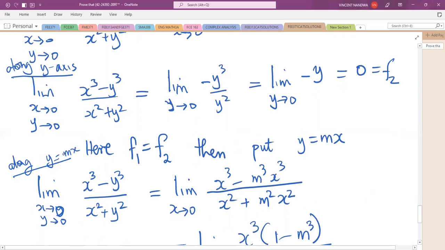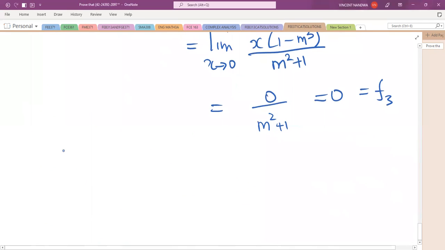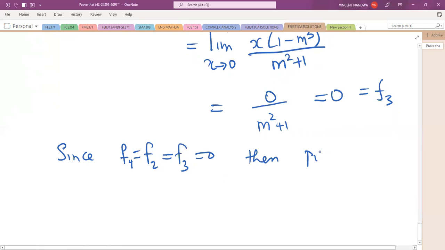And then since f1, f2, f3 have the same value, f1 equals f2 equals f3 equals 0, then we test for y equals mx squared. And if it turns out that the value of the limit is the same as f1, f2, f3, then we conclude that the limit of the function is 0.